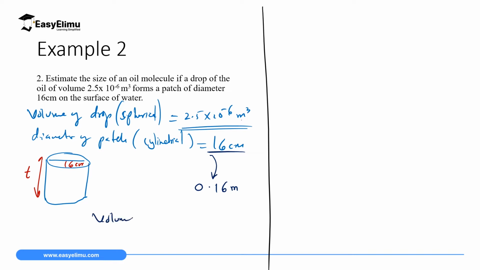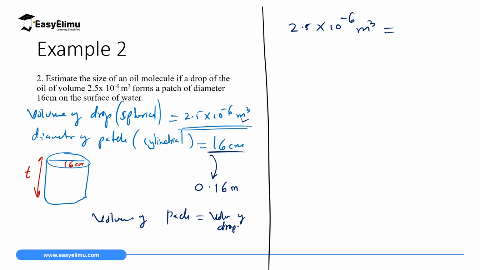Volume of the drop, which is spherical, is the same as volume of the patch, which is cylindrical. Here we have the volume of the drop, 2.5 times 10 raised to power -6 cubic meter, which should be equal to volume of the patch.